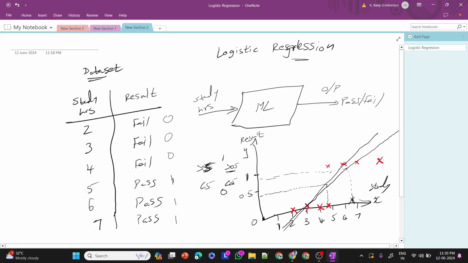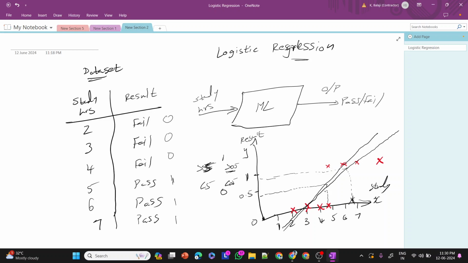Because of this outlier, the line is changed a little bit. Now let's compute this algorithm.